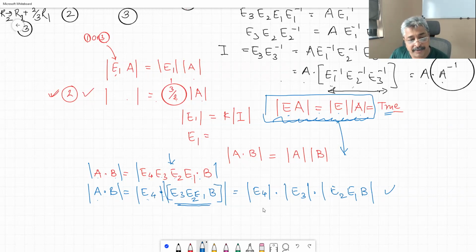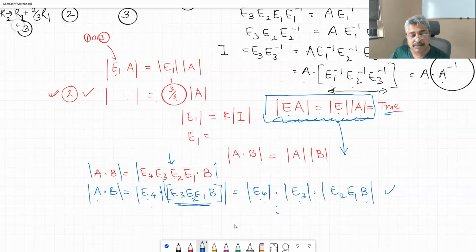Then second step, what we will do is E4 into E3. E4 is the first factor that we have found out. Now we are factorizing the second matrix which is remaining. It will get product factorized as E3 into E2, E1B. Correct? So this is also true.